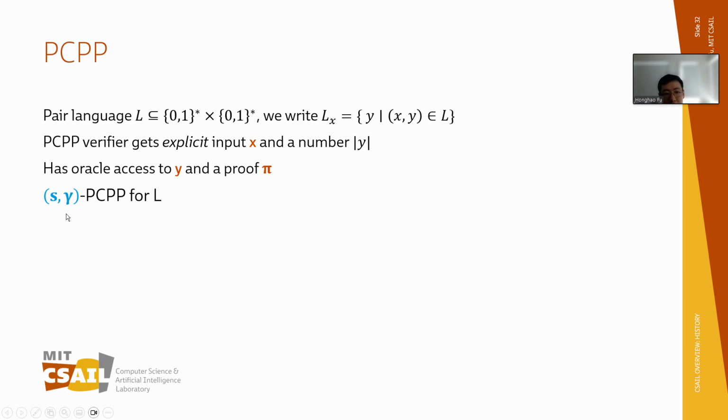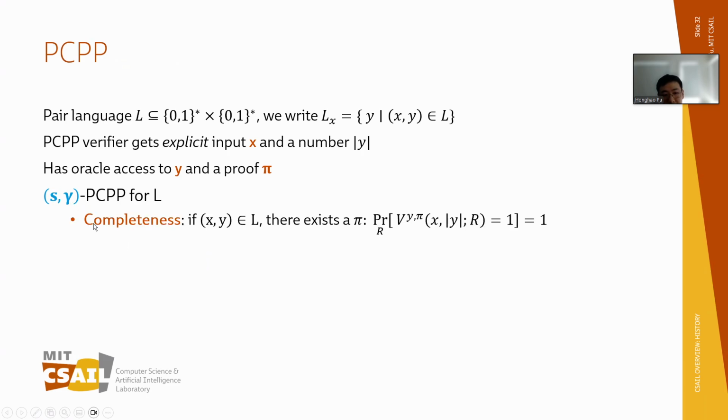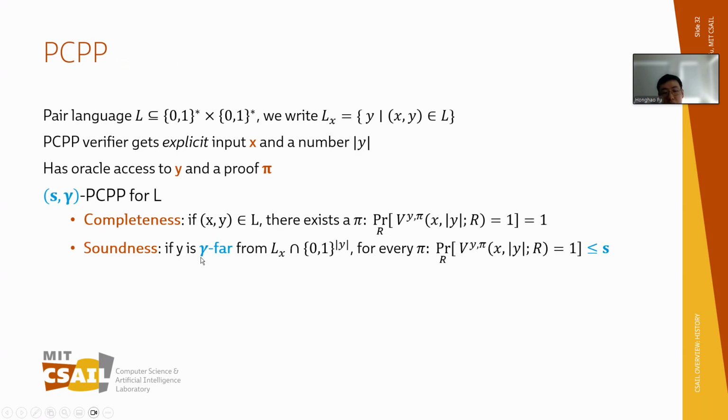The PCPP is determined by 2 parameters, S and gamma. The completeness says that if XY is in L, then there exists a proof such that over all the randomness, when the verifier queries Y and pi, he always accepts. The soundness says that if Y is gamma-far from L_X, then for every proof pi, the probability that the verifier accepts is no bigger than S. So S is the soundness parameter and gamma is the distance parameter.